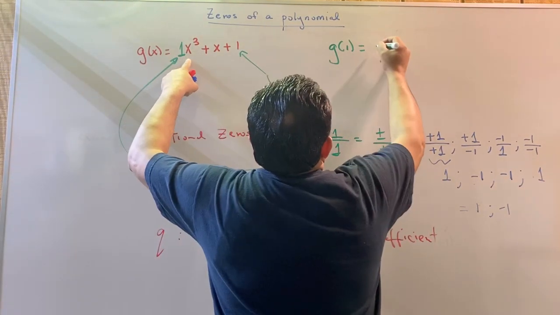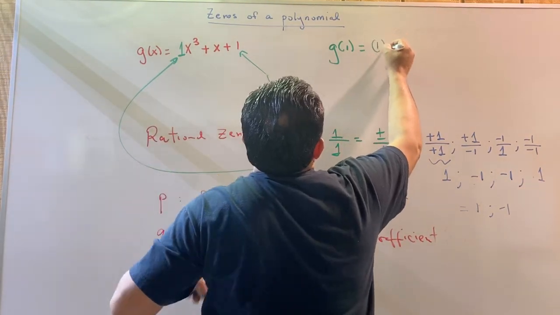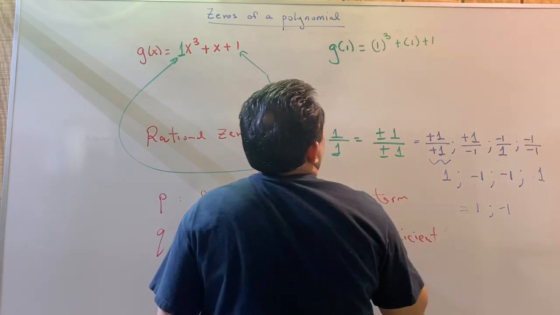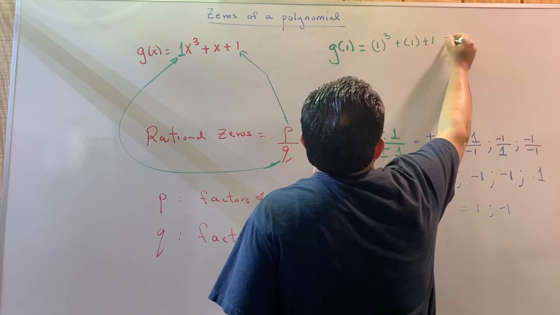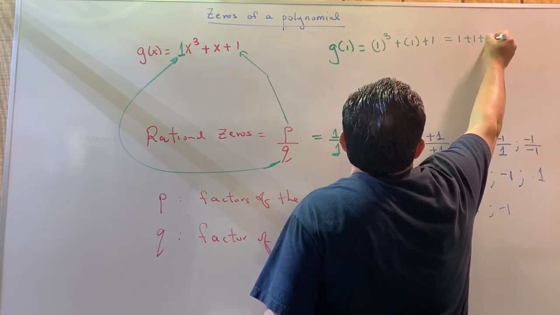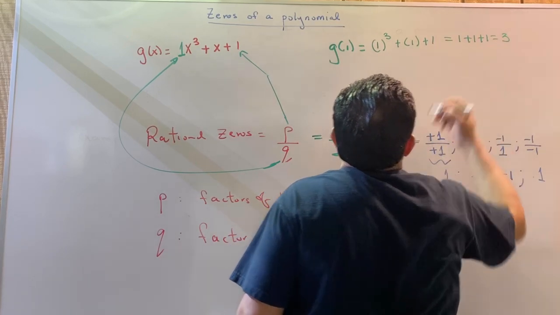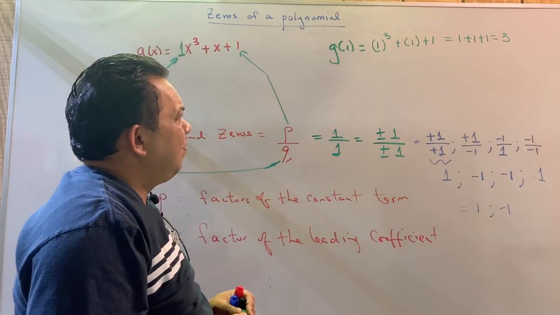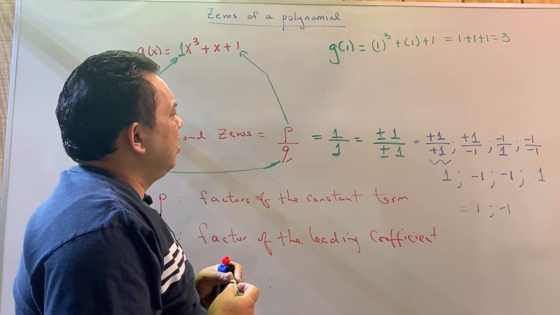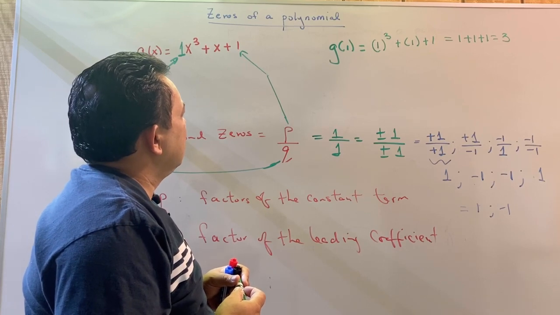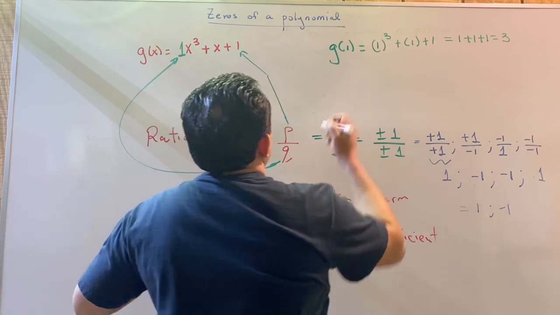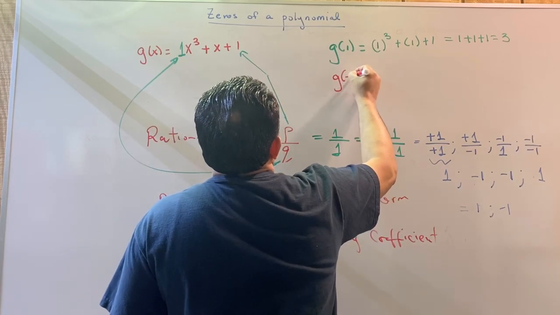Well, let's try that. So we have 1 cubed plus 1 plus 1. Well, this becomes 1 plus 1 plus 1, which is equal to 3. So 1 doesn't seem to be a zero. What happens if we try g of negative 1?